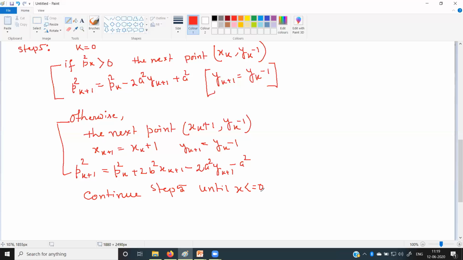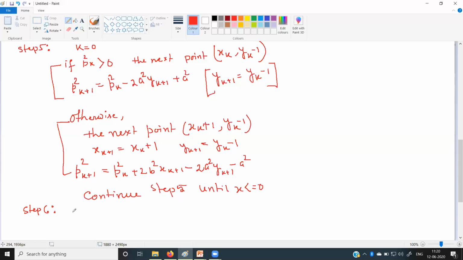So in the next step, that is in step 6, what do you have to do? So we got all the points for the region 1 and region 2. So subsequently we can compute the points for other regions.